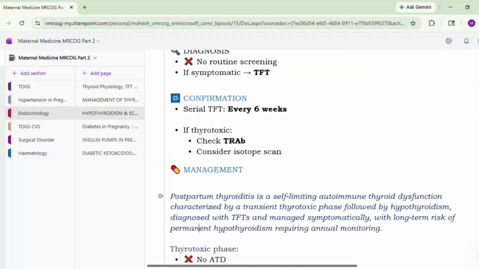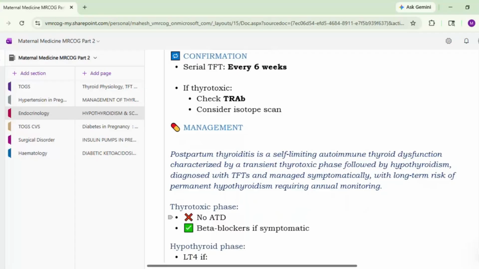So postpartum thyroiditis is a self-limiting autoimmune thyroid dysfunction characterized by a transient thyrotoxic phase followed by hypothyroidism, diagnosed with the TFTs and managed symptomatically, with long-term risk of permanent hypothyroidism requiring annual monitoring. There is a risk of permanent hypothyroidism in 50% of cases, and that requires annual monitoring.